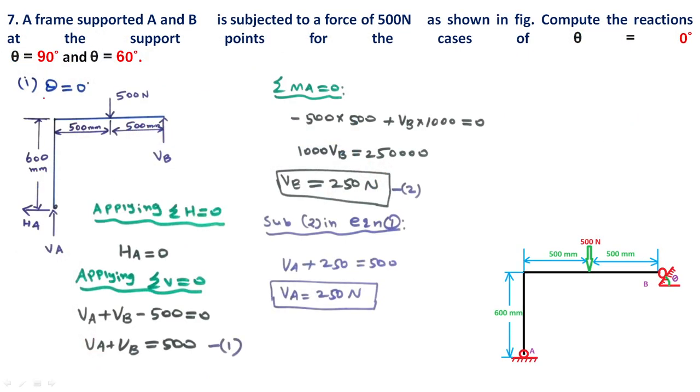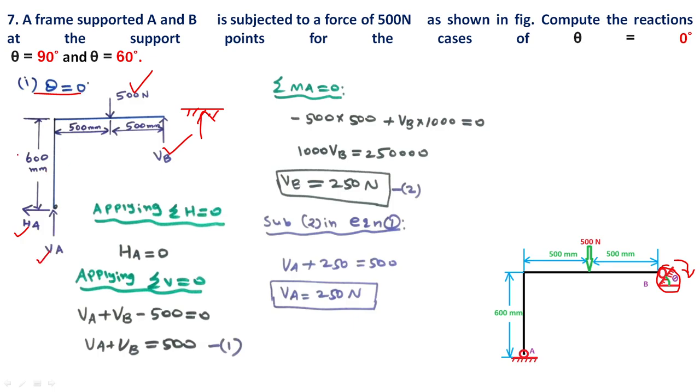First case, theta equal to 0 degree, with the 500 Newton load. Since theta is 0, the support automatically acts downward, so there is only a vertical reaction force Vb. At A we have Ha and Va.